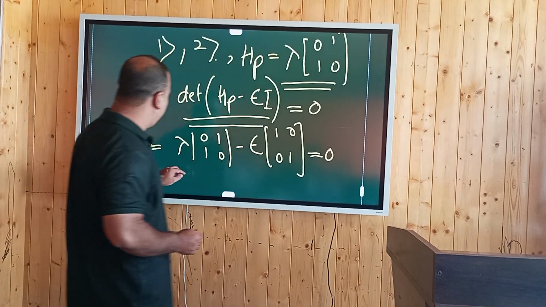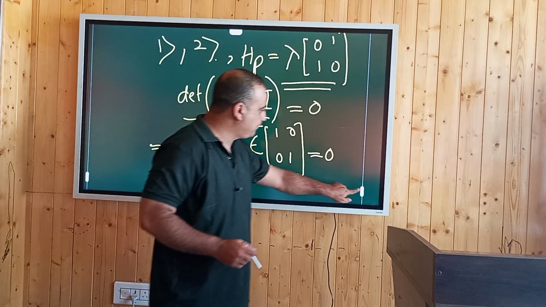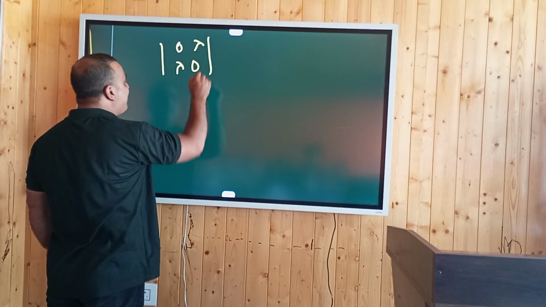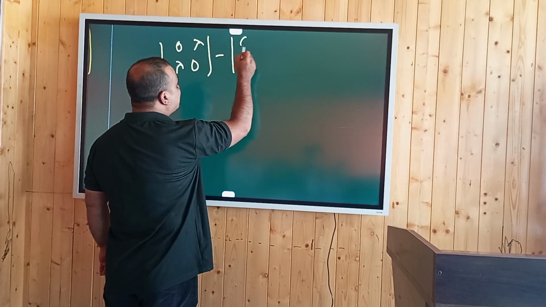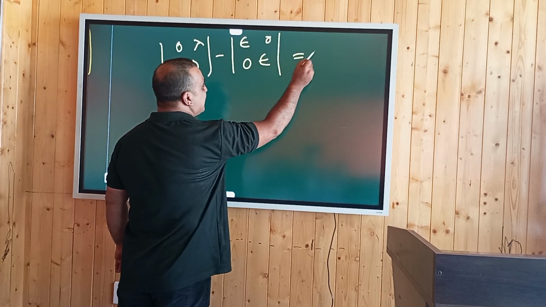So from here, I get the matrix with 0, lambda, lambda, 0, minus epsilon times the identity matrix, and this is equal to 0.